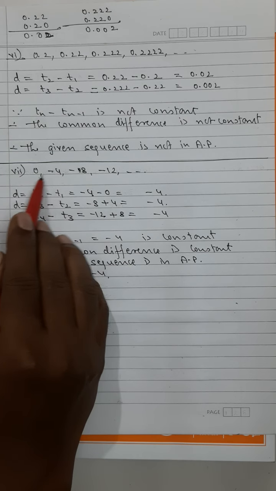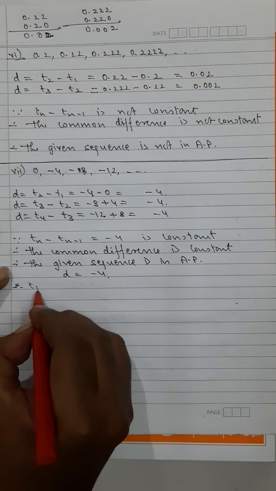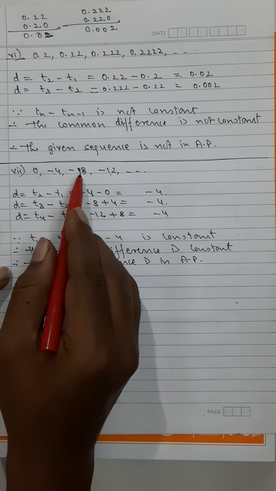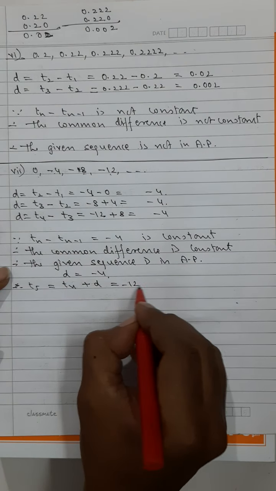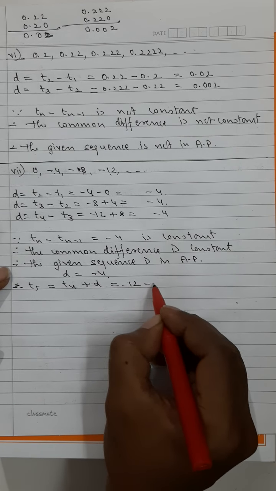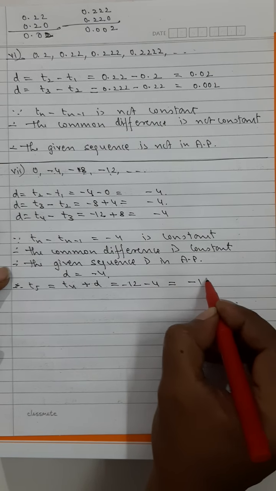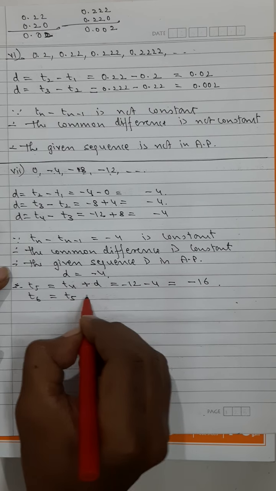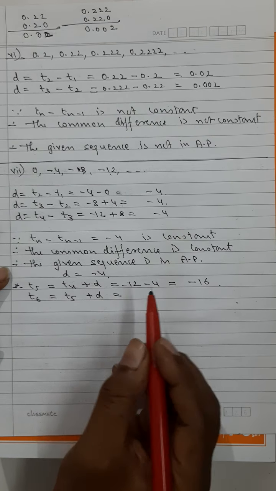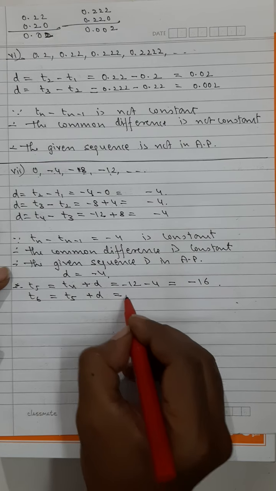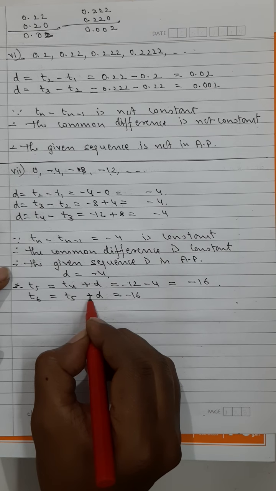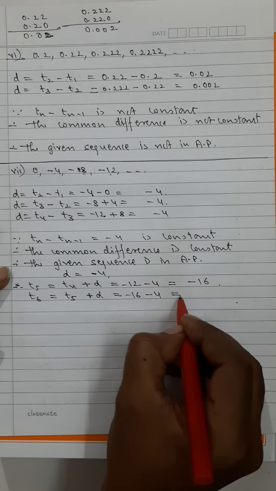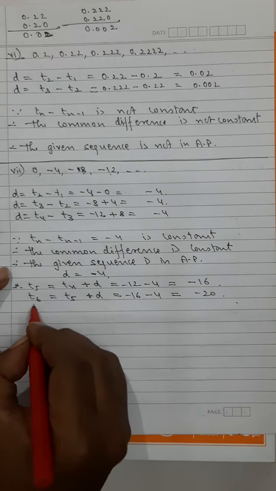Now you will go for the fifth term. T5 is equal to T4 plus d. What is T4? Minus 12. Plus minus 4 will give you minus 16. T6 is equal to T5 plus d. T5 is minus 16 plus minus 4, which will give you minus 20.